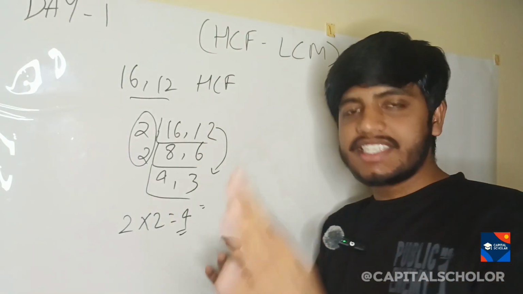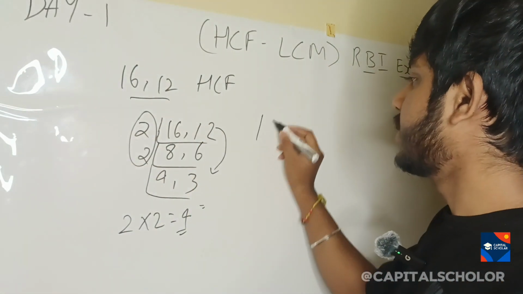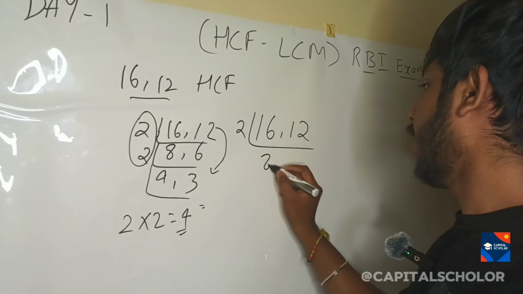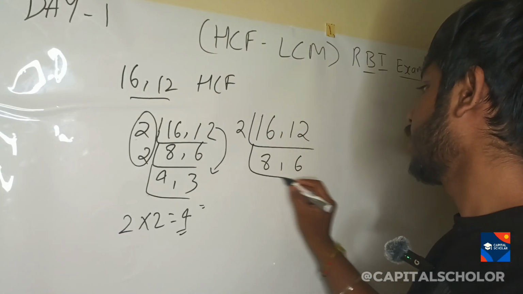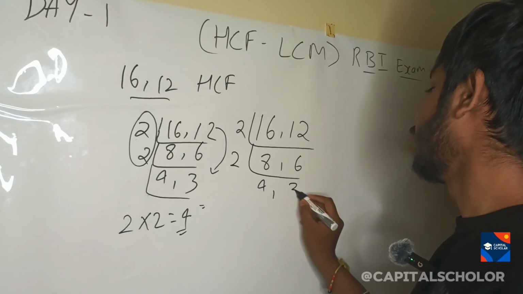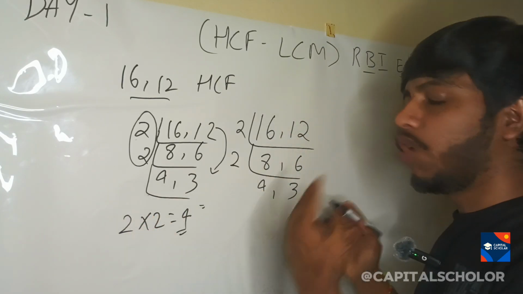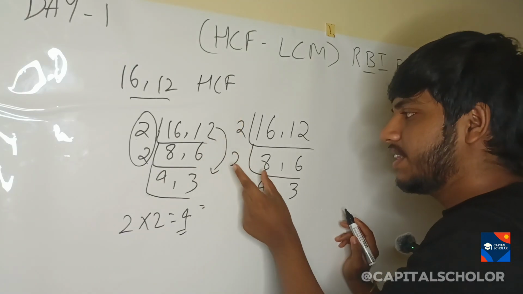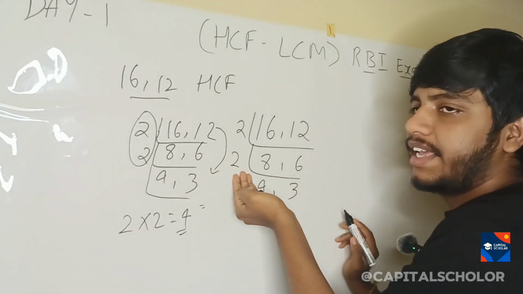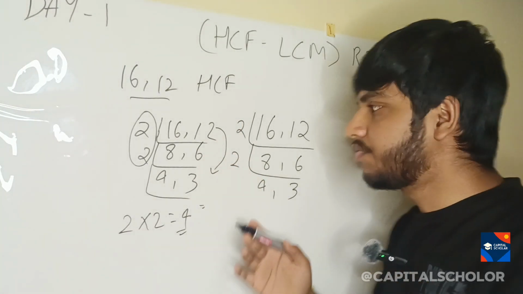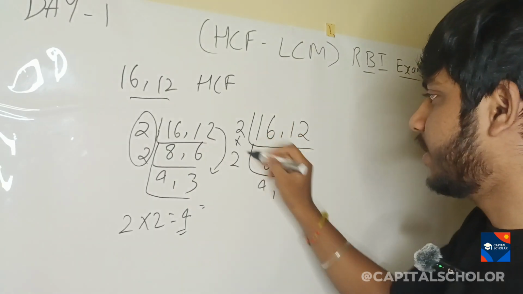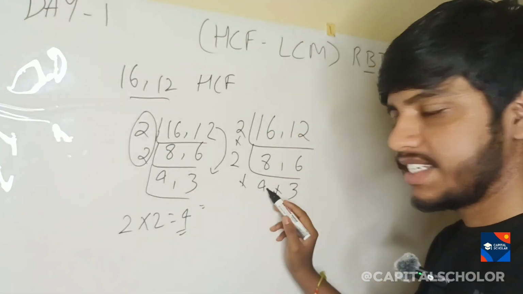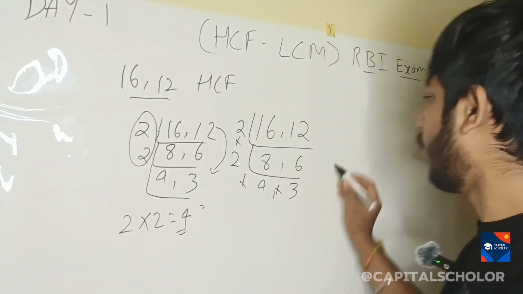Now let us find the LCM. The LCM works the same way: 16, 12, divided by 2 gives 8, 6; then 4, 3. In the HCF, we stopped here to get the HCF. In the LCM, we multiply these: 2 times 2 is 4, 4 times 4 is 16, 16 times 3 is 48.